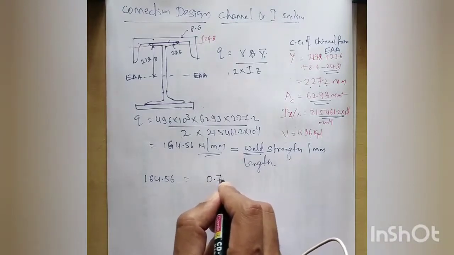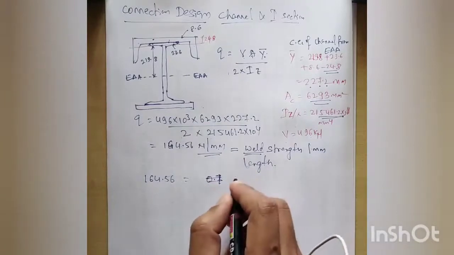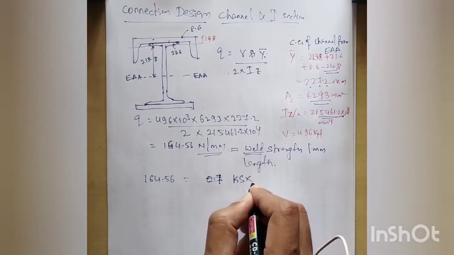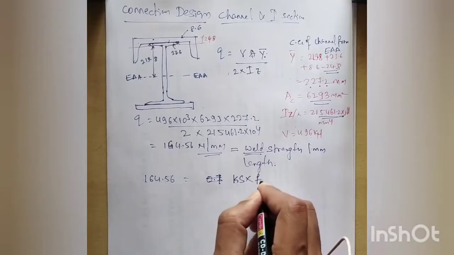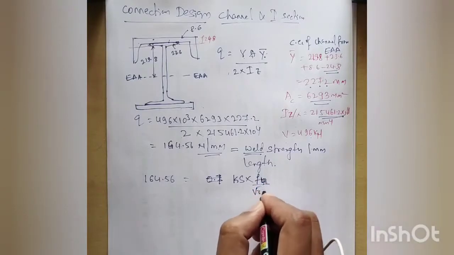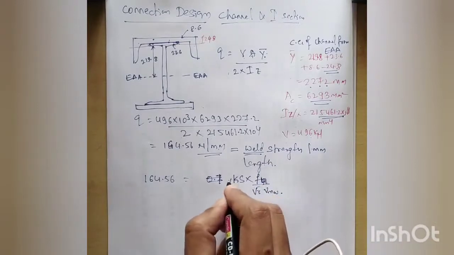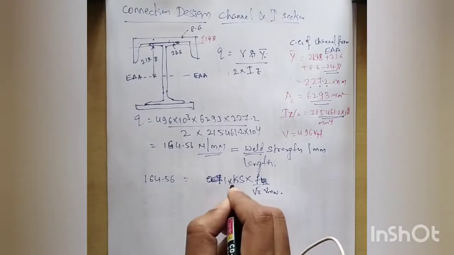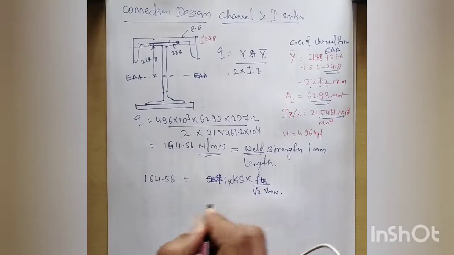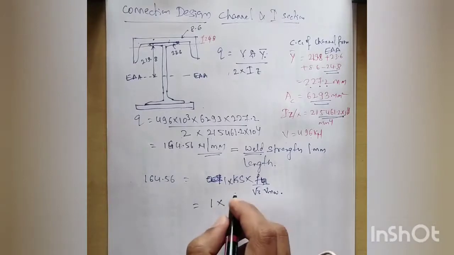That is 1 into Ks into Fu by root 3 gamma mw. So 1 is the length of the weld in mm.